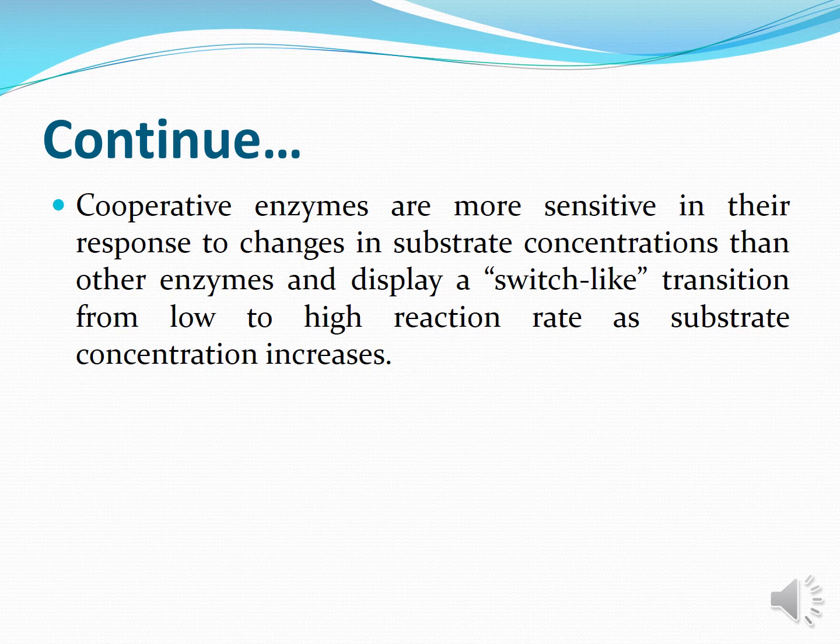Cooperative enzymes are more sensitive in their response to changes in substrate concentration than other enzymes and display a switch-like transition from low to high reaction rate as substrate concentration increases.